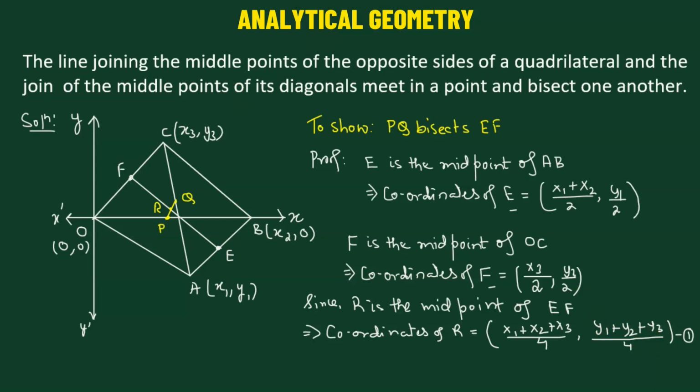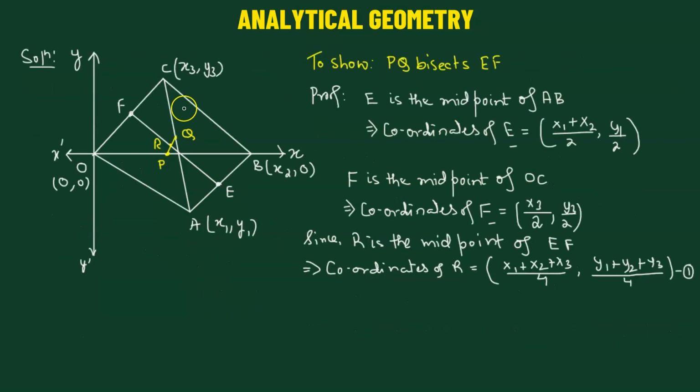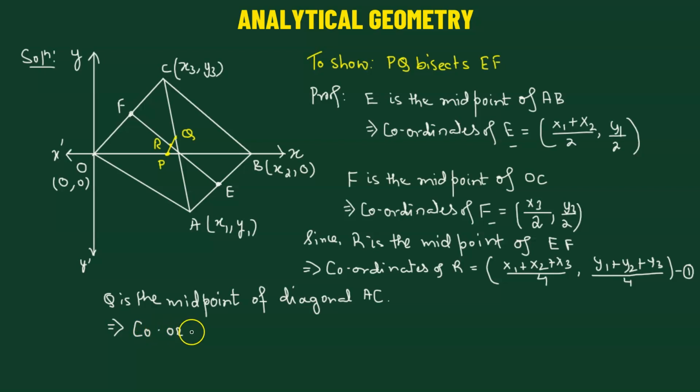Now we'll find the midpoint of the diagonal AC. We've already considered Q to be the midpoint of diagonal AC. So we can now find the coordinates of Q. That's very simple because we know the endpoints A and C. The coordinates of Q will be the sum of the x coordinates, x1 plus x3 divided by 2, and the y coordinate is going to be y1 plus y3 divided by 2.